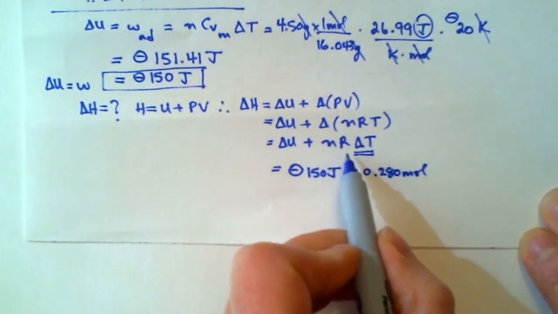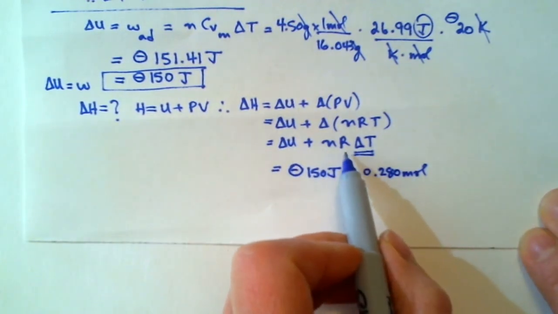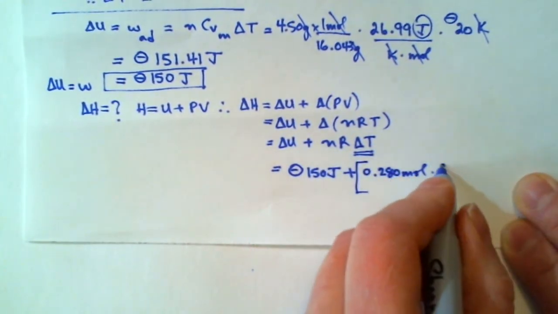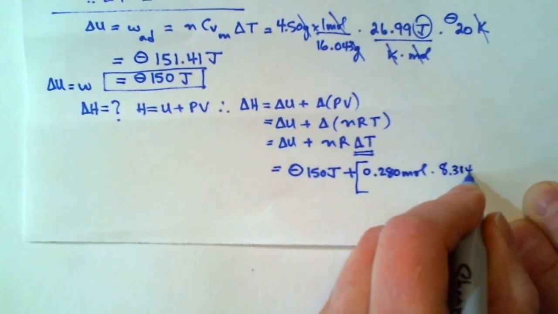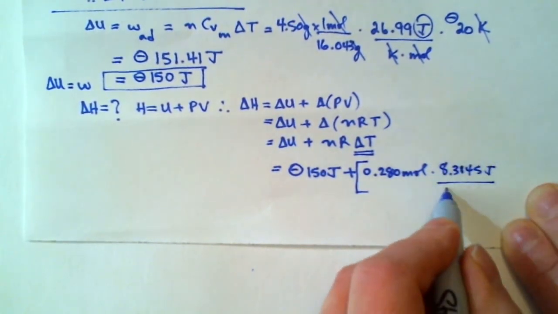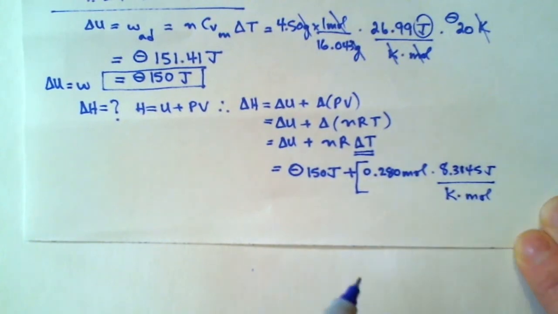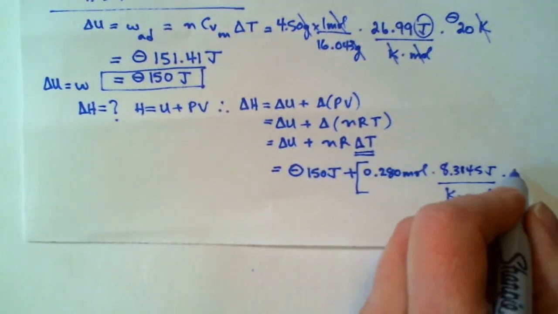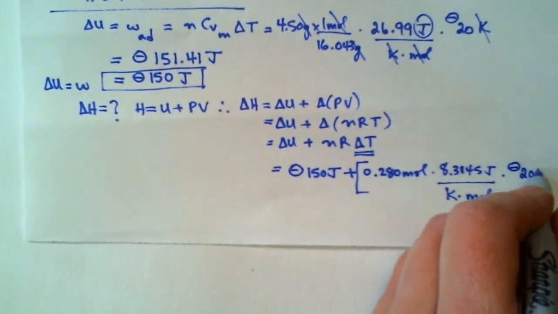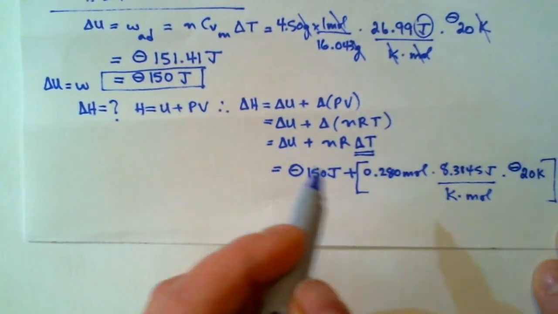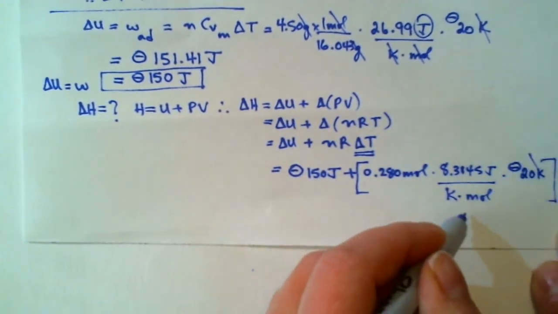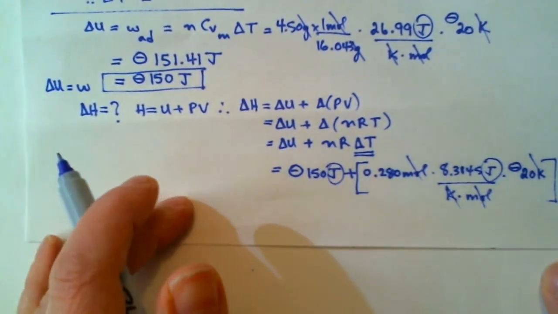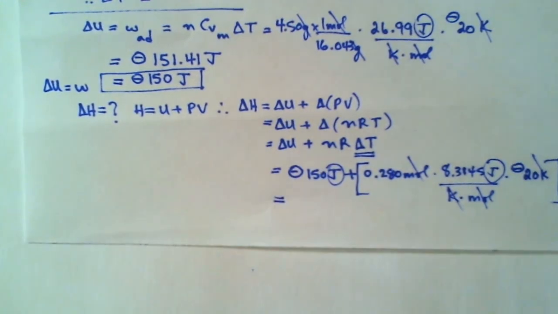The R value I'm going to use here, which one should it be? 8.3145 joule per K mole. And then the delta T, which we just found up there, I've pointed off screen, but it was a minus 20 Kelvin. So, units, Kelvin, mole, left with joules, adding joules to joules, apples to apples, lovely.